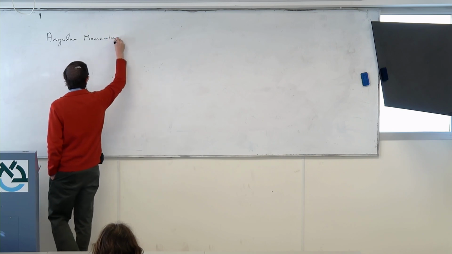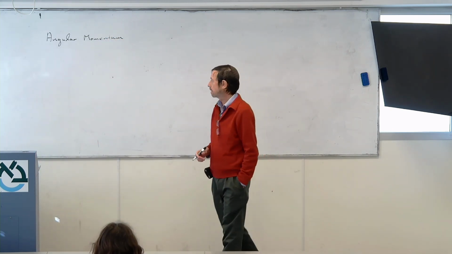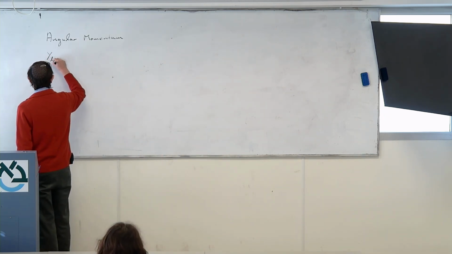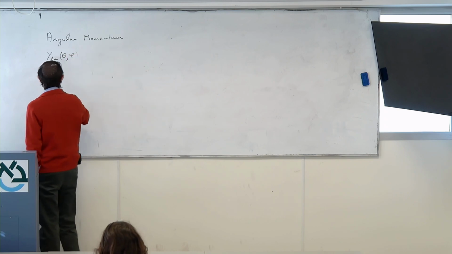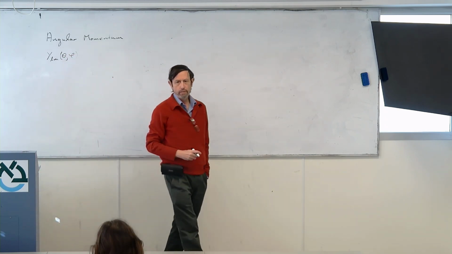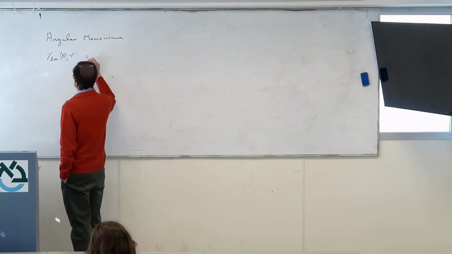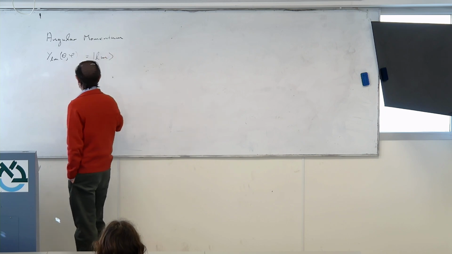So, in the previous lectures, we basically defined the eigenvectors of the angular momentum. Used the notation either Y_LM or just bracket LM.